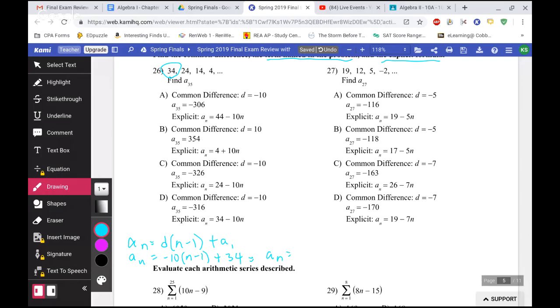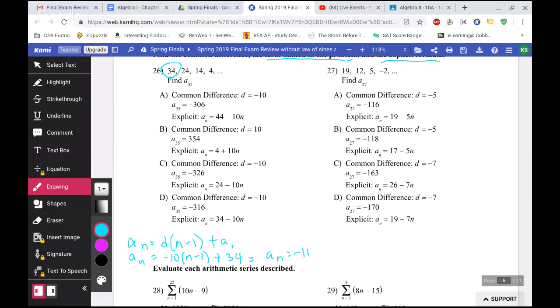No, ma'am. I'm writing the formula. It's A sub 1. It's kind of bad that it asks for 35 on this particular thing, but it's the first term in the sequence. It's just unfortunately coincidental that 34 and 35 are very close to the same thing. I can see where that would be confusing. But basically, A sub 1 is the first term in the sequence that's given. Okay, yeah, I see that now.